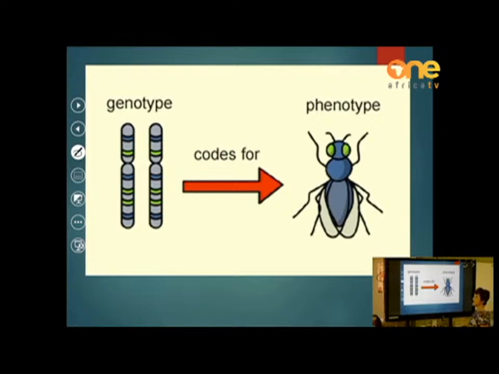Now, a genotype and a phenotype. We have to now see what is the difference between genotype and phenotype. Genotype is telling me what is on the genes. So, on the genes, I will have a gene for green eyes. So, I think that can be eye color. But I have eye color here on the genes.